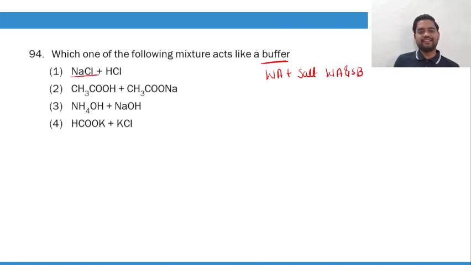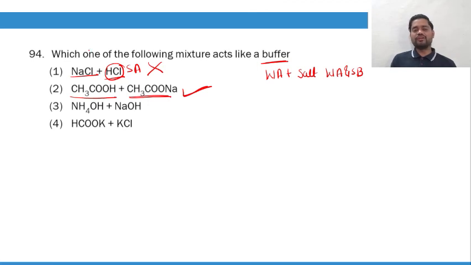So NaCl and HCl: first of all, HCl itself is a strong acid, not the right answer. CH3COOH is a weak acid, whereas this is a salt of weak acid and strong base. And this is the most famous example that people discuss while discussing buffer solution, so you should remember this. Question number 94, option 2 should be the right answer.